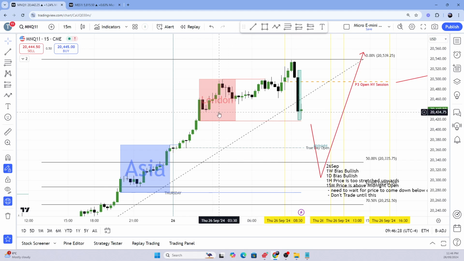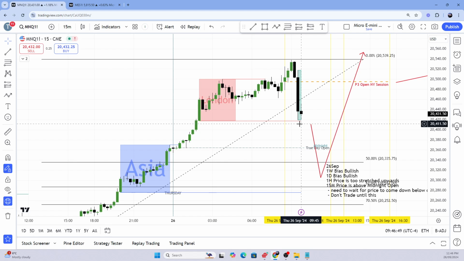Below this is sell side liquidity, and sell side liquidity for smart money is a buying opportunity. So there is a chance where smart money might buy here, but we have to see the footprint. For that we have to go into a low level chart.